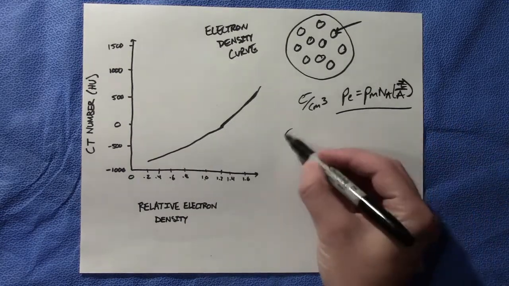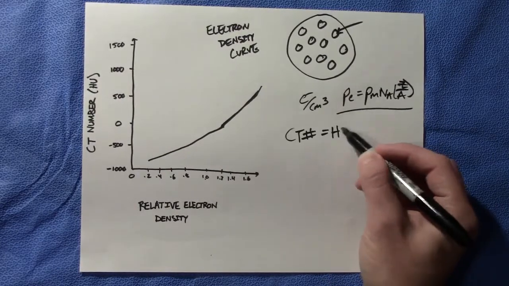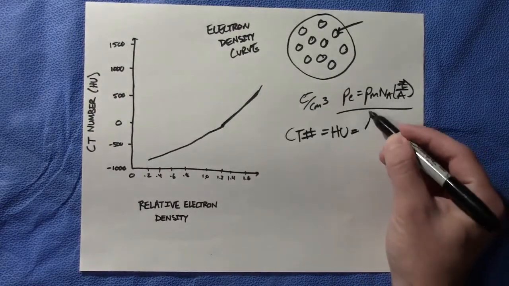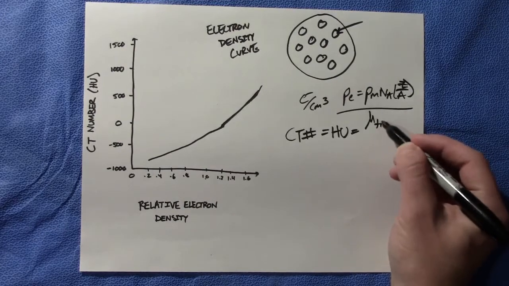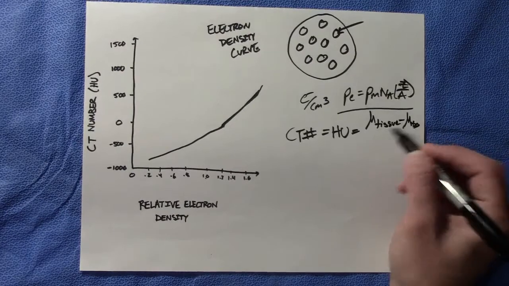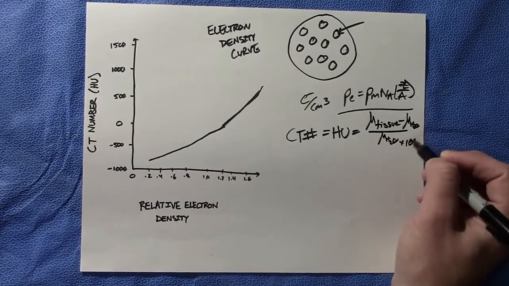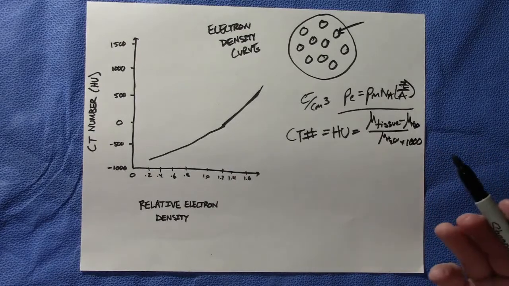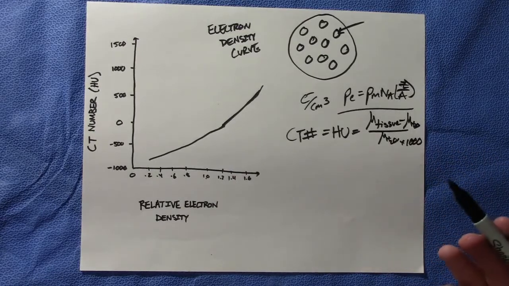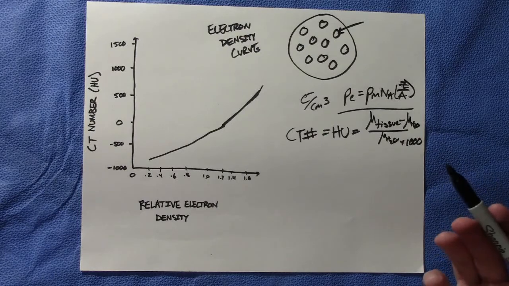Now, one thing that is important to know is that the CT number, which is the HUs, is given by the equation here. Running out of room, unfortunately. I apologize, written too big, and that is times 1,000. So the CT numbers are based on electron densities and the atomic number in kV beams like CT.